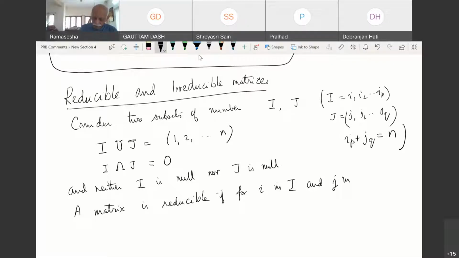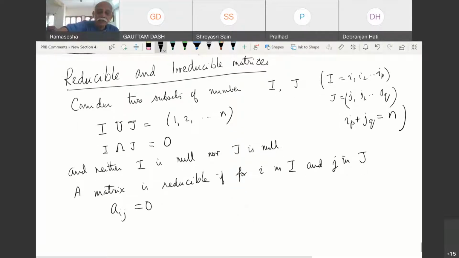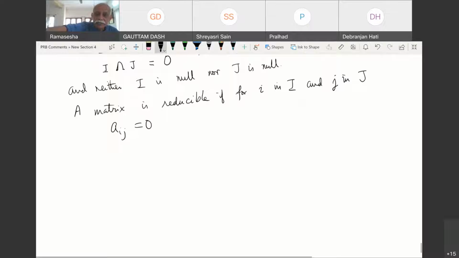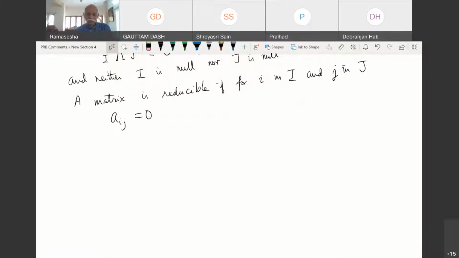So you will come across reducible matrices in many different places. For example, in group theory, you are always encountering reducible matrices, because you want to create irreducible representations of them. Now, let me give you an example.